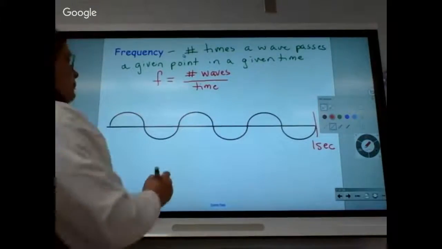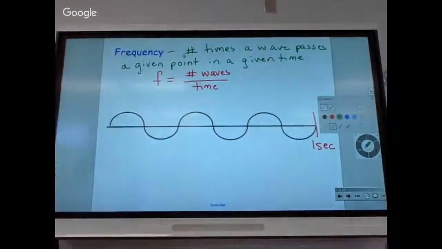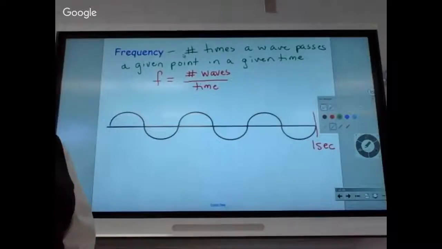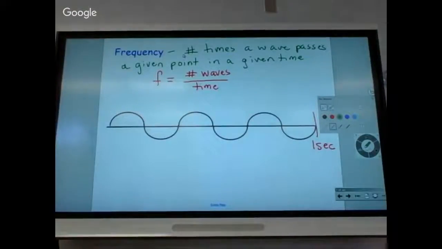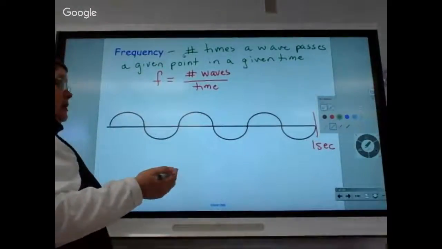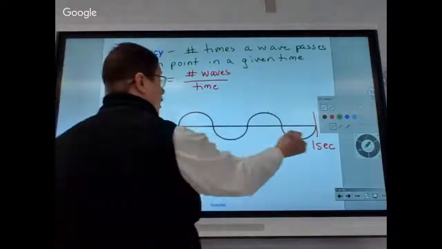All right? So when we want to calculate our frequency, we do what Almaja said just a second ago. How many waves do you have in this picture? Well, what did we say makes up a wave? A crest and a trough. Now, you don't actually have to count the crests and the troughs. You just need to make sure you have the same number of crests and troughs. You have how many crests and how many troughs? 3.